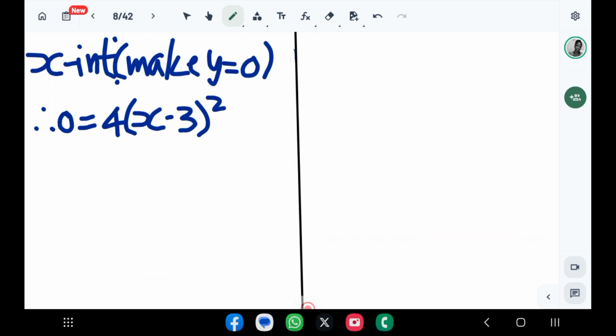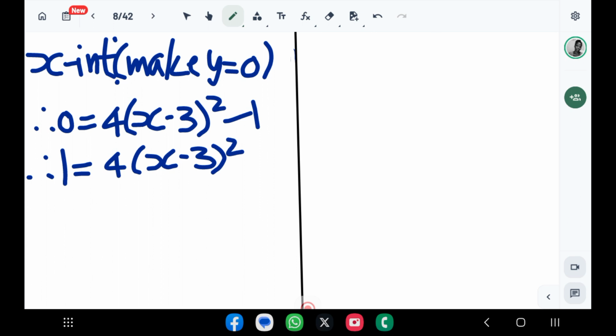Yes, minus 1. Take the 1 to the left hand side, it becomes positive 1. Divide both sides by 4, you get 1 over 4 on the left hand side equals x minus 3 all squared.